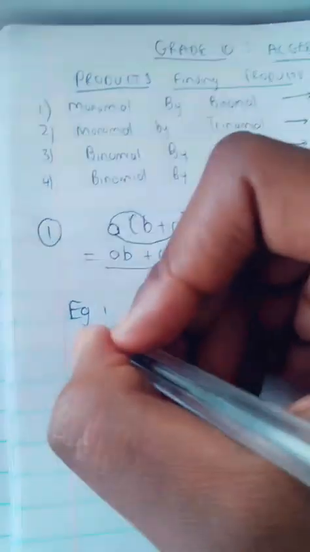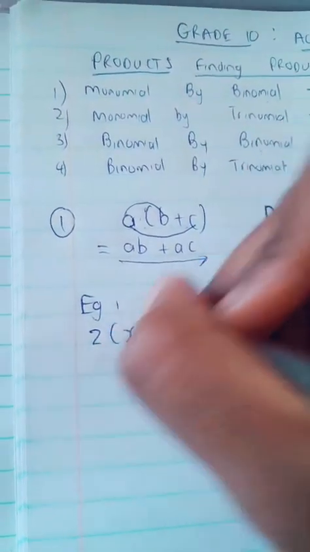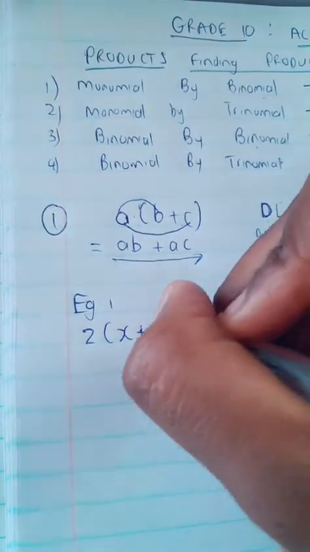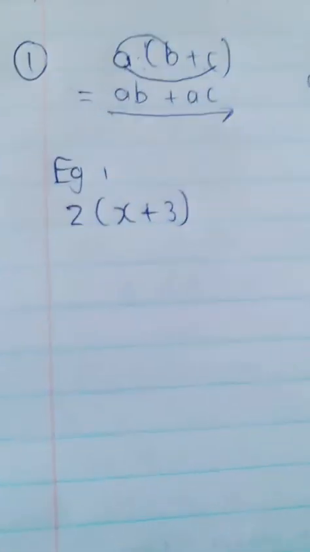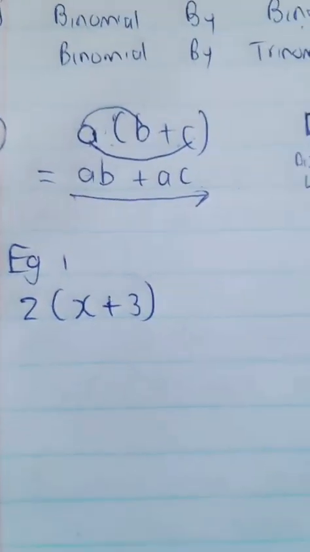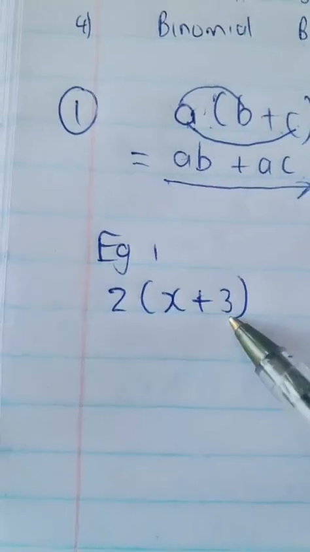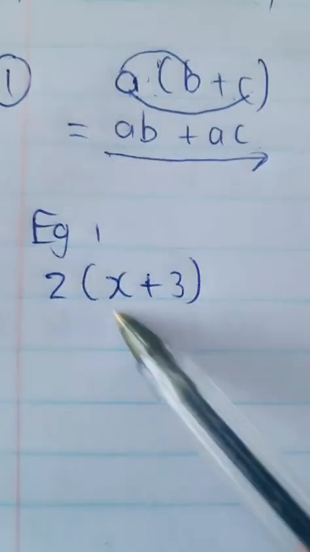Let's go. First one: 2 into x plus 3. So what do we have here? 2, a monomial. In brackets, x plus 3, a binomial.